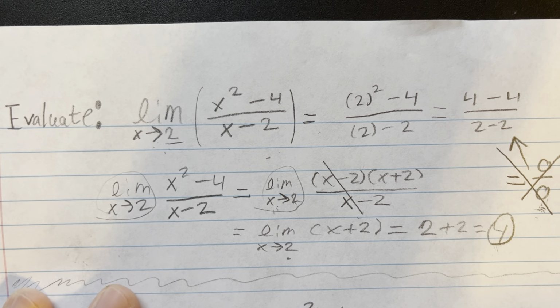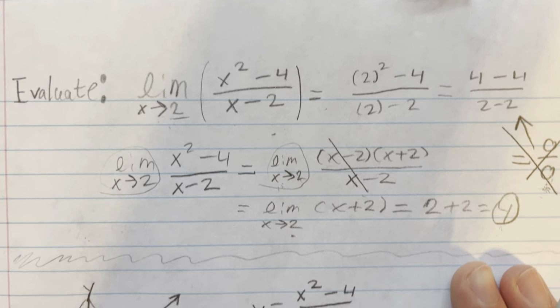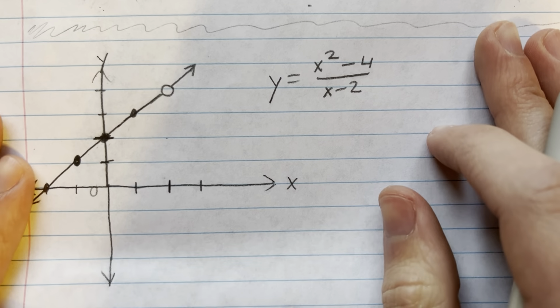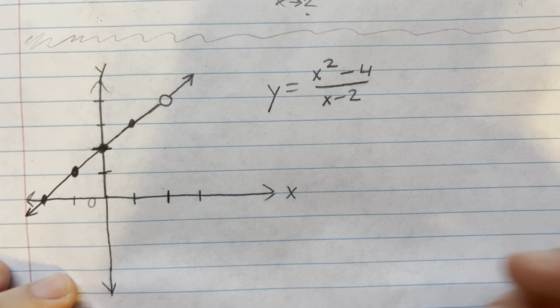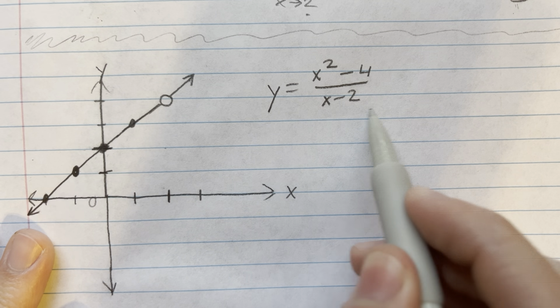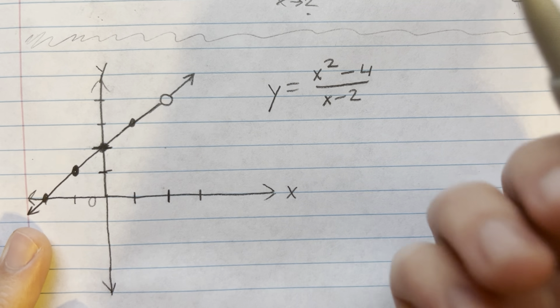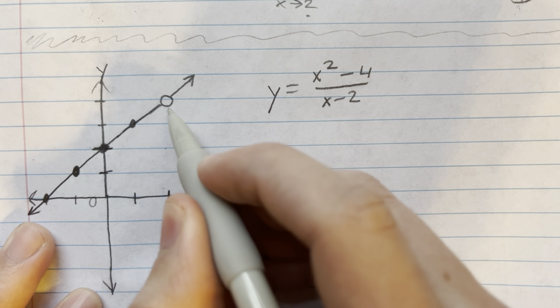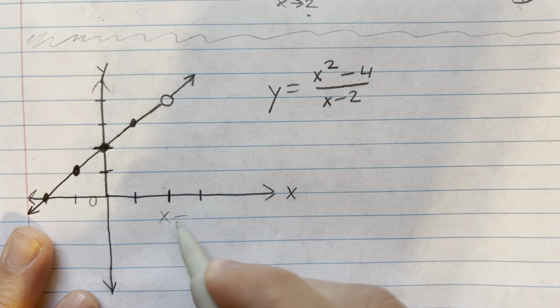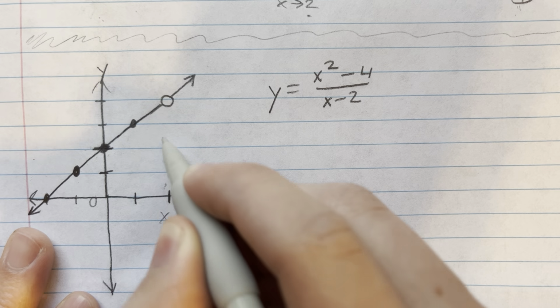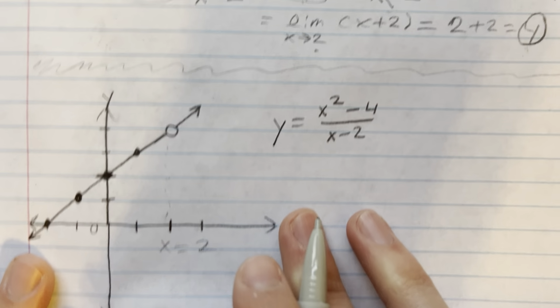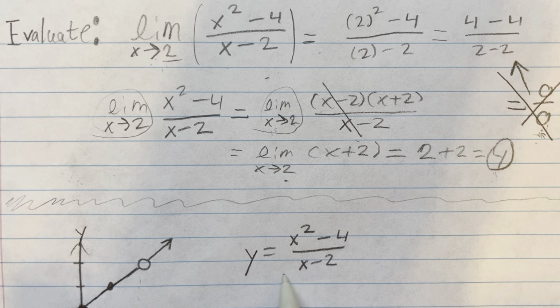We can accept that. Now, graphically, what this looks like, if you were to use a graphing calculator and graph this function right here, it would look like a linear line. However, there's a hole here at x equals 2. Because if we think about what happens with our limit, right, this is a rational function.